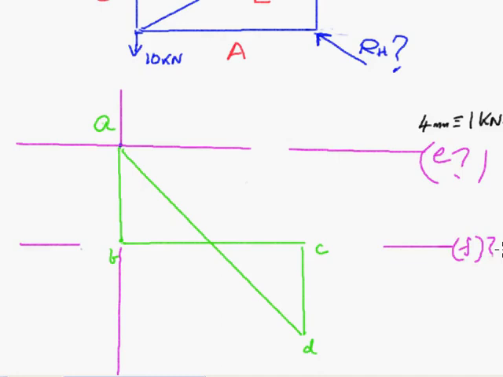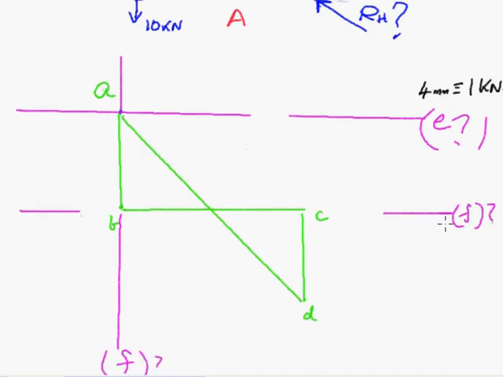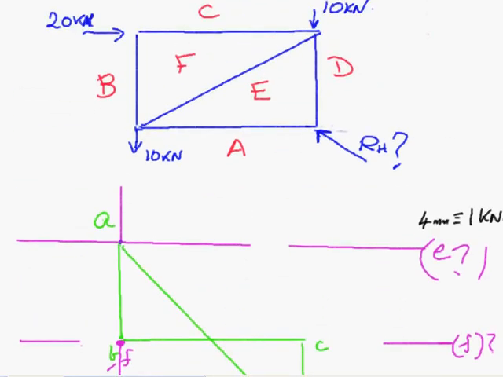You can see here we've got f is somewhere on that line, f is somewhere on that line, so it's actually going to be here. So that's going to be our point f, which means that bf has no load in it. It has no magnitude. It's the same point. So bf is what we know as a redundant member. We could take that member out and the framework would still be stable.